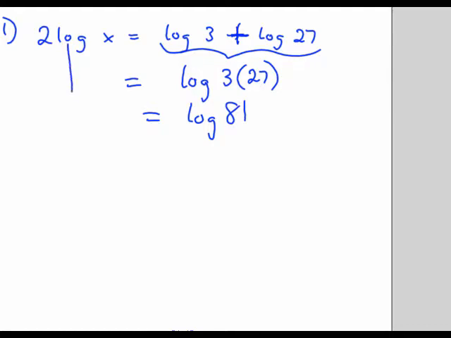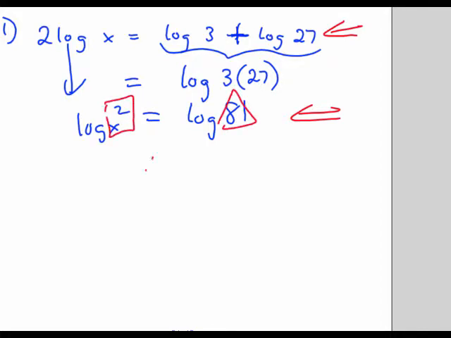And on this side, I could bring the 2 up on the x as an exponent, because that's a property of logs. And you'll notice what I've done here is I've rearranged the original equation into one of the forms I just talked about. Log of something equals log of something. So therefore x squared must be 81, and therefore x must be plus or minus 9.